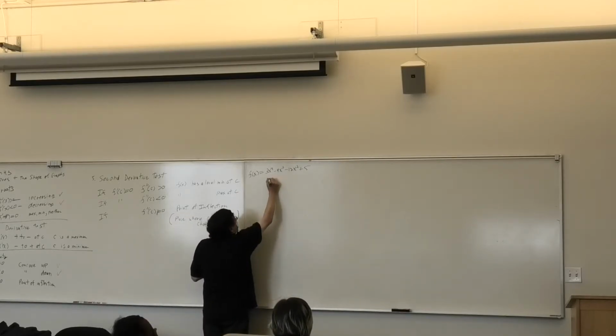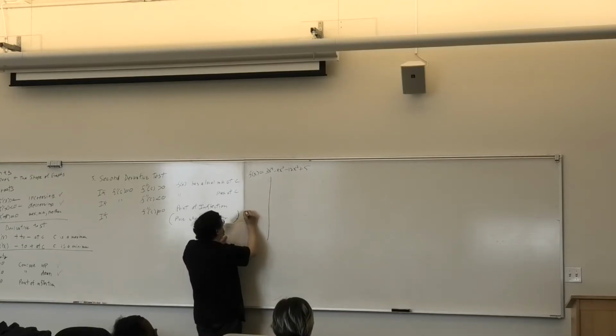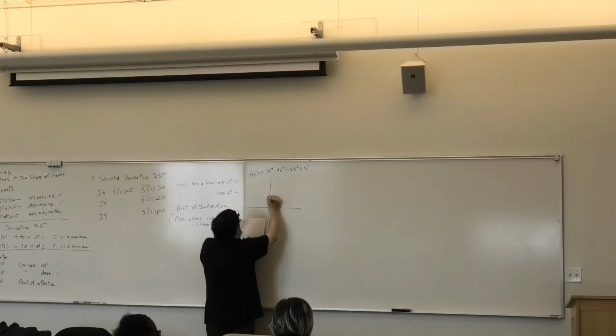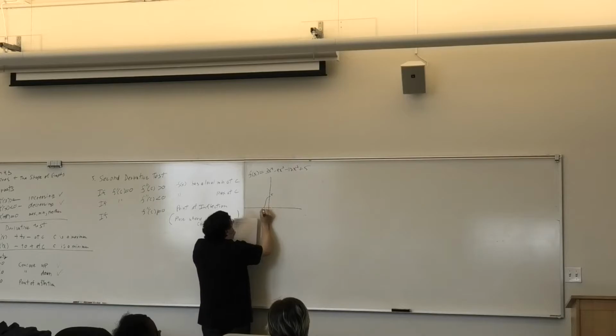I guess I'm just going to draw the graph as best I can. 5. I'm distorting the scale so it'll fit. I think this is -1.